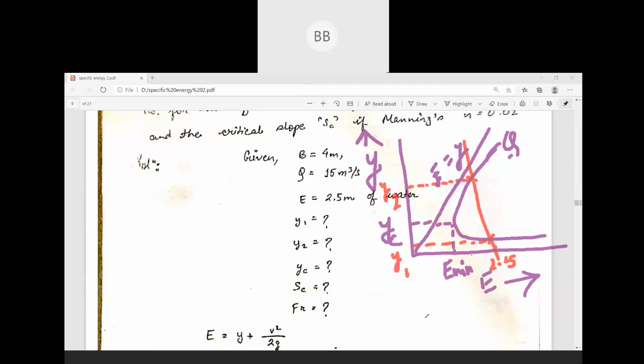Okay. So we need to determine these two alternate depth. That y1 and y2 we need to calculate.